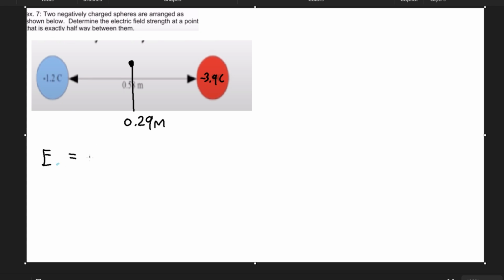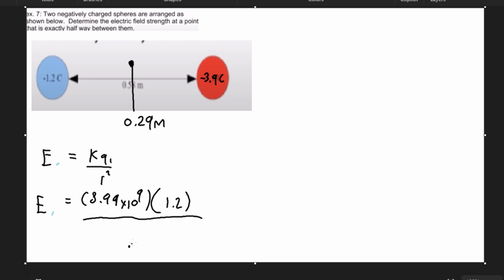So we just get KQ1 over R squared, is equal to 8.99 times 10 to the 9, Q1 being 1.2, all of that over 0.29 squared, which is 1.3 times 10 to the 11.